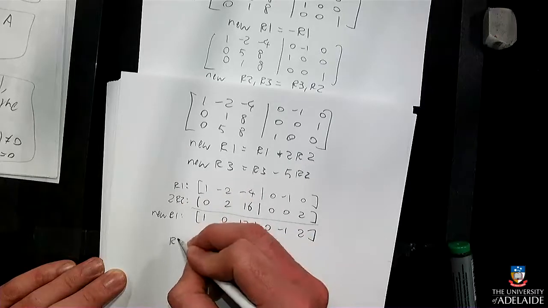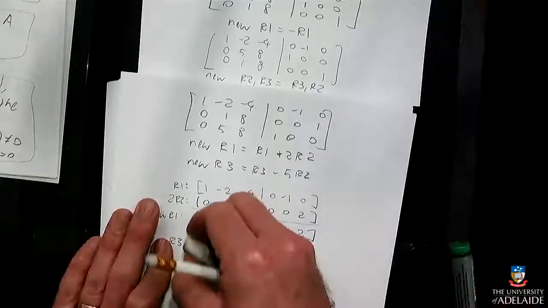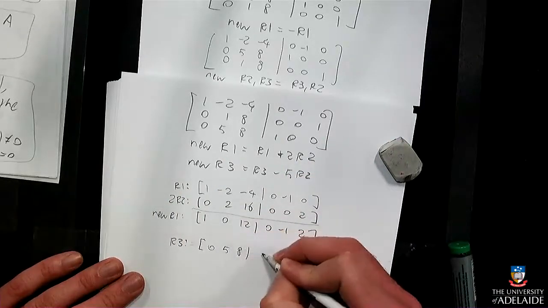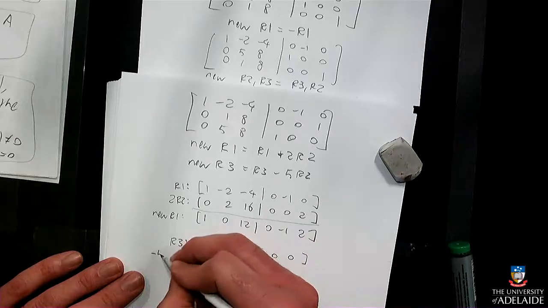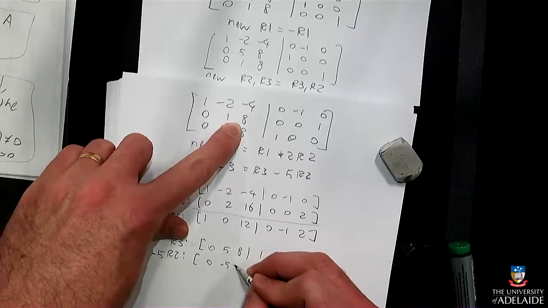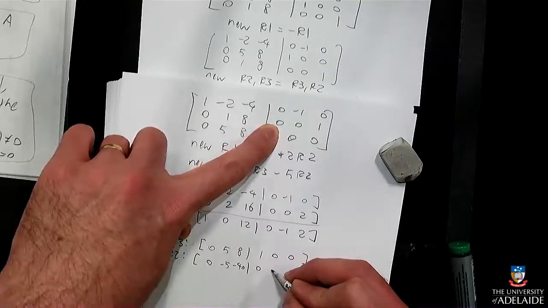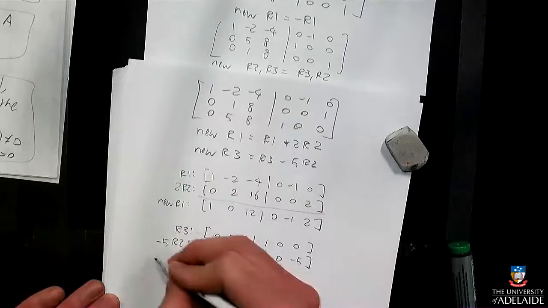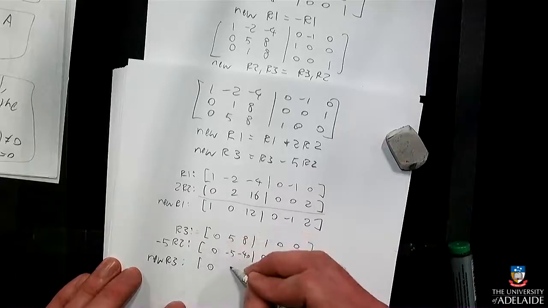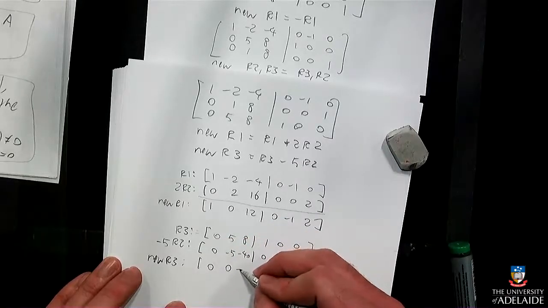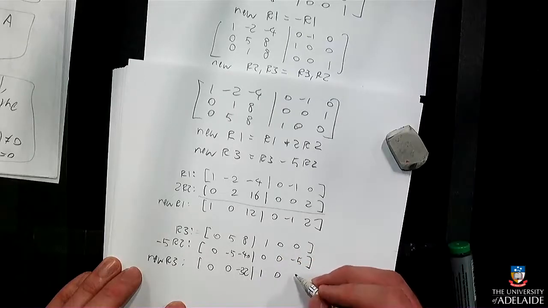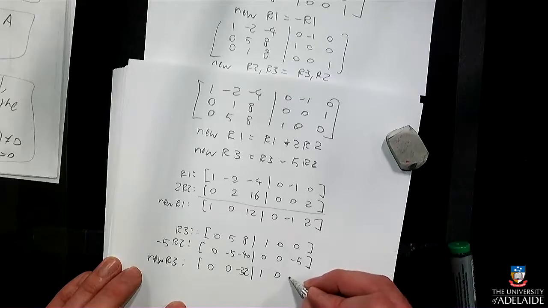And so we also have row 3 was 0, 5, 8, 1, 0, 0. And minus 5 of row 2 is 0, minus 5, minus 40, 0, 0, minus 5. And so my new row 3 is 0, 0, 8 minus 40 is negative 32. 1 minus 0, 0 minus 0, 0 minus 5 is minus 5.